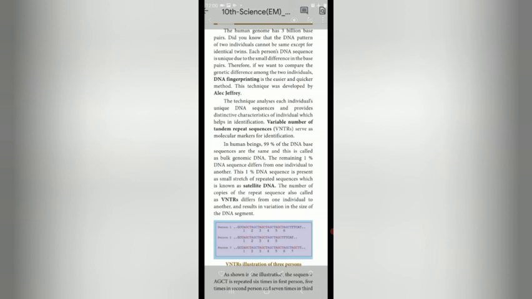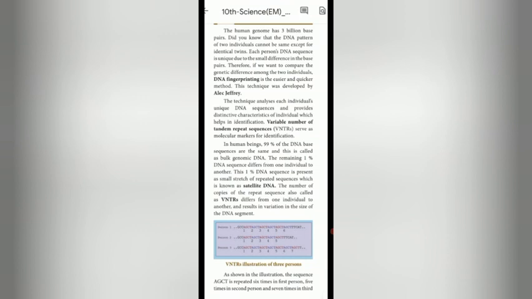Identical twins are similar in all characters, but they show variation in base pairs, that means nitrogenous bases such as adenine, guanine, cytosine and thymine. We see the variation in the nitrogenous bases by the method called DNA fingerprinting.